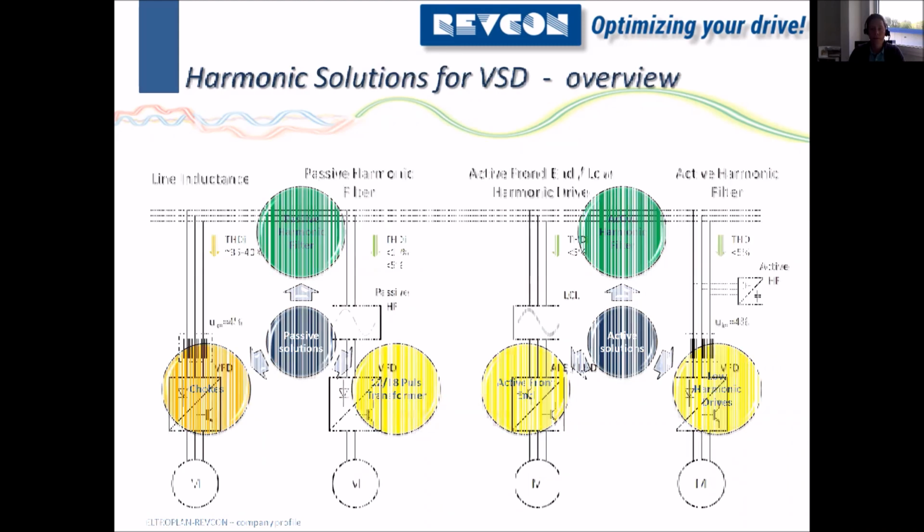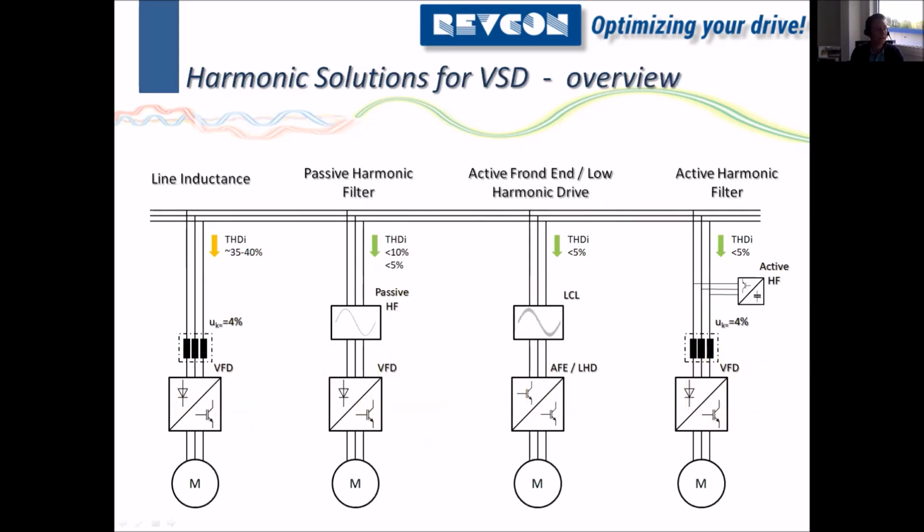Okay, so first of all, we should have a quick look at what kind of harmonic distortion I can expect on different solutions. The first and simplest one is the line inductance, obviously depending on the value, but if we look at the 4% line inductance or DC inductance, not so big a difference. We will see 35 to 45% THDI.